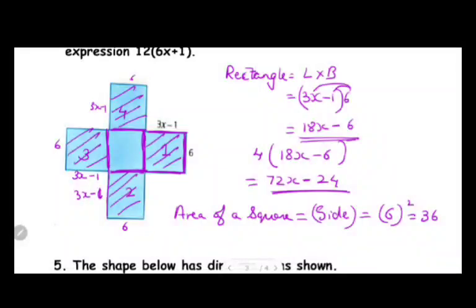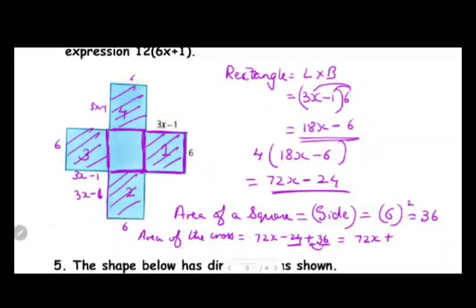Okay, so now what is the area of the cross? Area of the cross is equal to 72x minus 24 plus 36, which is equal to 72x plus, I have already put a plus sign because the plus sign is next to the bigger number. Out of minus 24 and 36, plus 36 is bigger, so it's always the sign of the bigger number.